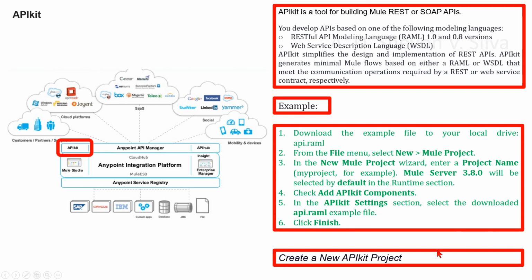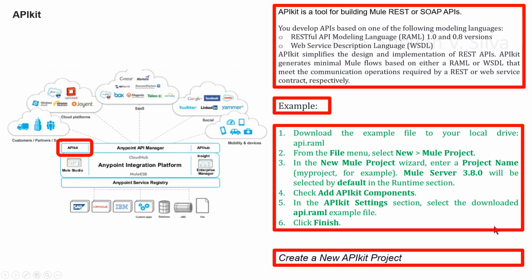As an example, we can consider creating a new APIkit project. This procedure launches the new project and generates a main flow with an HTTP listener and an APIkit router, and references to flows to handle errors. The project supports REST resources and methods.